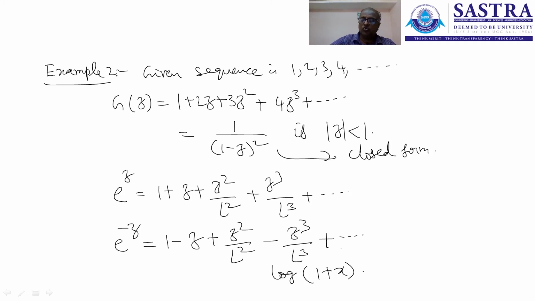So you can use any of these functions and its sum, namely the closed form, in finding the solution of a recurrence relation. Now I will take an example and give you a method of finding a solution to the recurrence relation using the generating function.